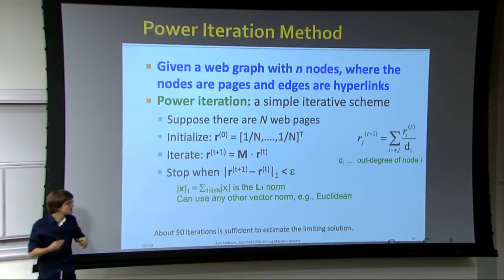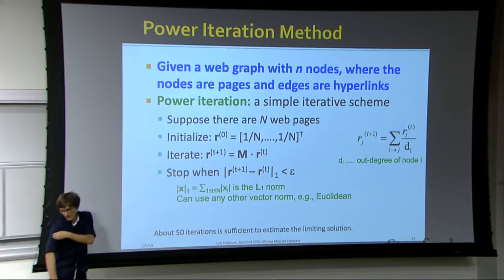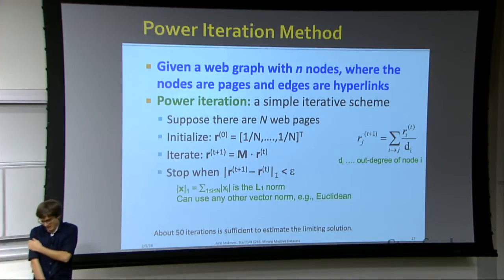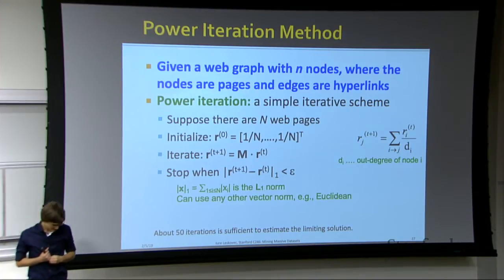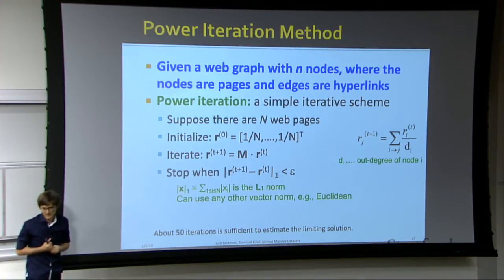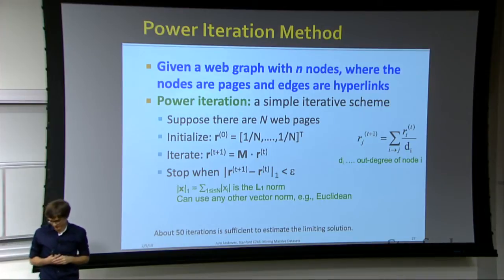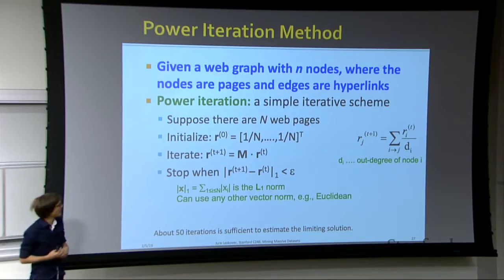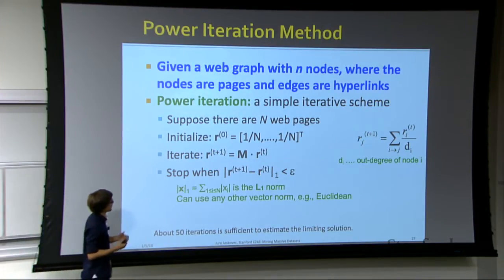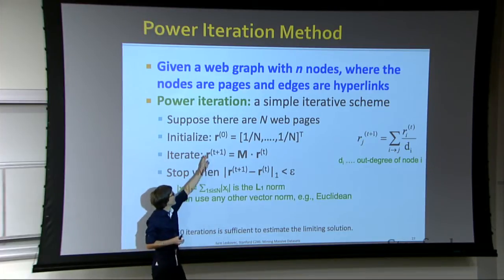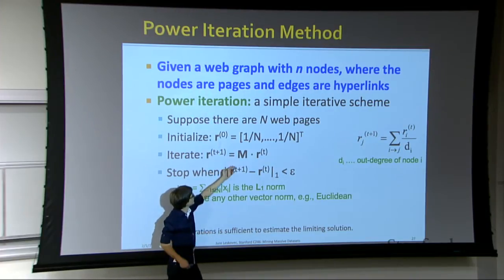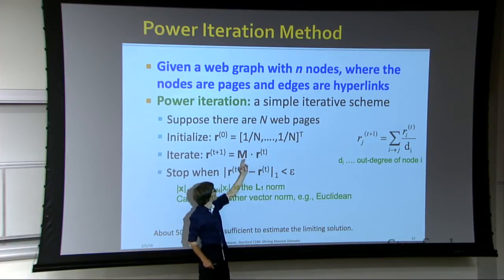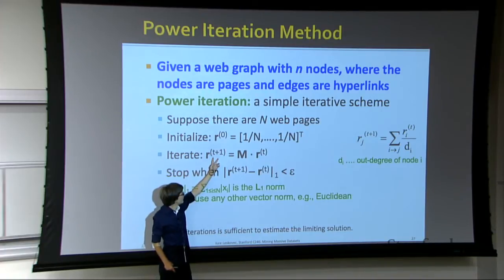So what is this power iteration method? We talked about power iteration when we talked about SVD, if you remember. There we said, how do you find the eigenvalue and the corresponding eigenvector? You can do power iteration. The idea for our case is to come up with some initialization of the rank vector R, call it R0. Compute R0 times M to get R1.